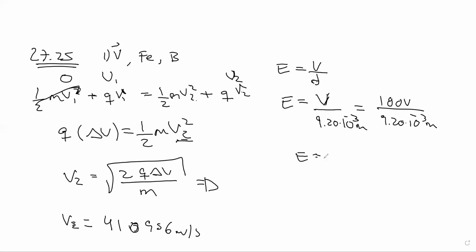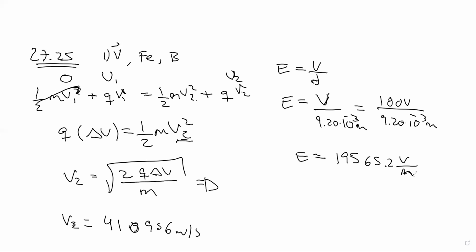So E is going to be equal to 2 times 2 times the charge of the proton times the velocity. Per meter. Awesome.